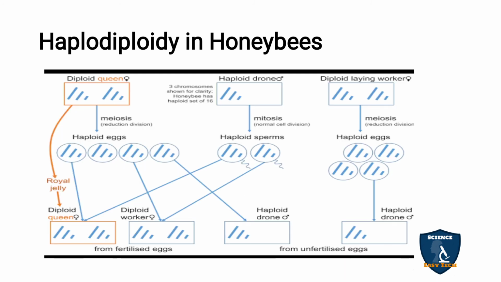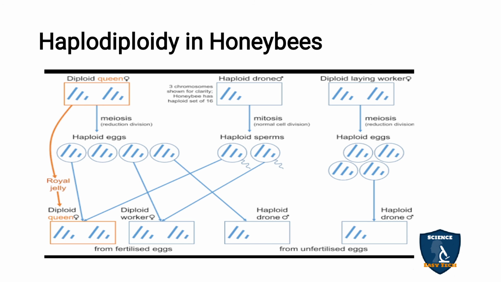In this diagram you can see the diploid female becomes the queen.